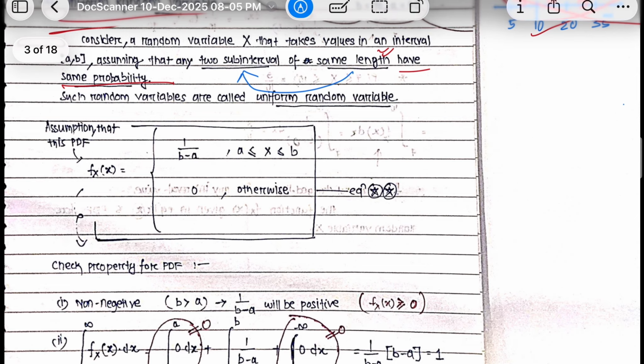Firstly, we will assume the condition, then check and prove the property.